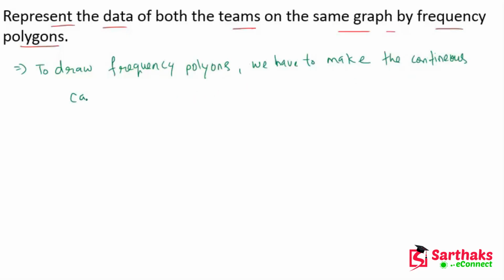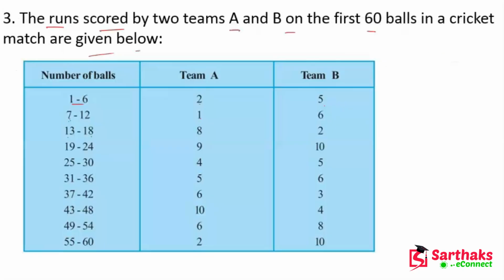Now here we observe the gap between 6 and 7. If you subtract 7 minus 6, this is 1. If you subtract 17 minus 12, we get 1. If you subtract 19 minus 18, we get 1.